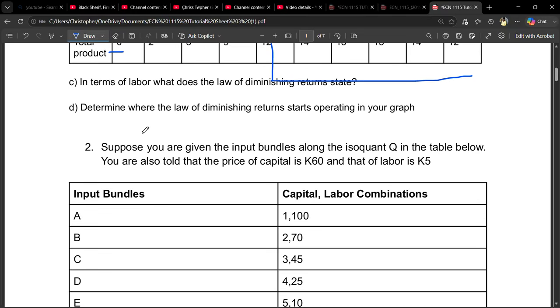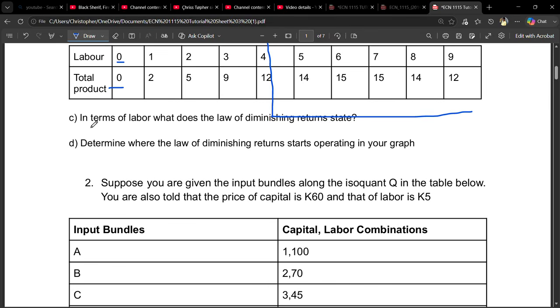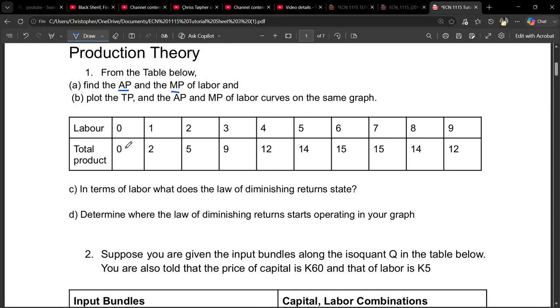Okay, you move on to C. C is saying, in terms of labor, what does the law of diminishing returns state? The law of diminishing marginal returns states that the more you keep adding a variable input, which is mostly labor, to a fixed input, which is capital, the marginal product of labor eventually reaches a point where it starts to decrease.